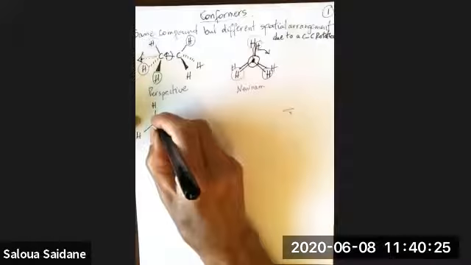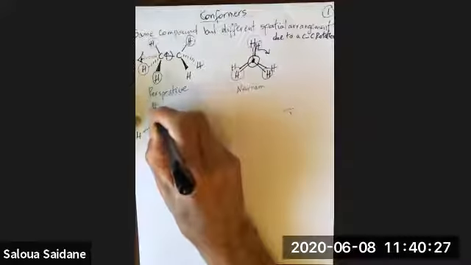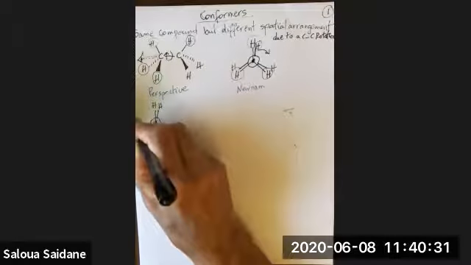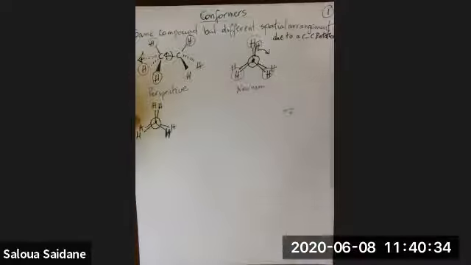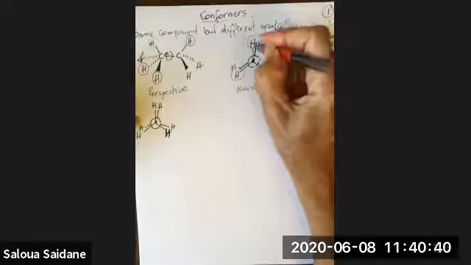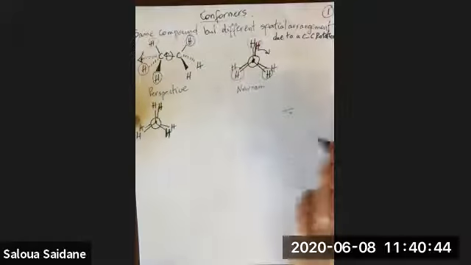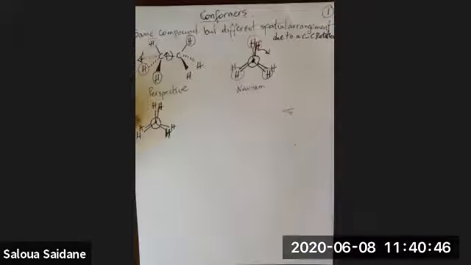Here, the back has an H, and then another H here, and then another H here. Let's pick this one in red. So this hydrogen in red, and this hydrogen in green. Randomly, I just picked two to follow them.